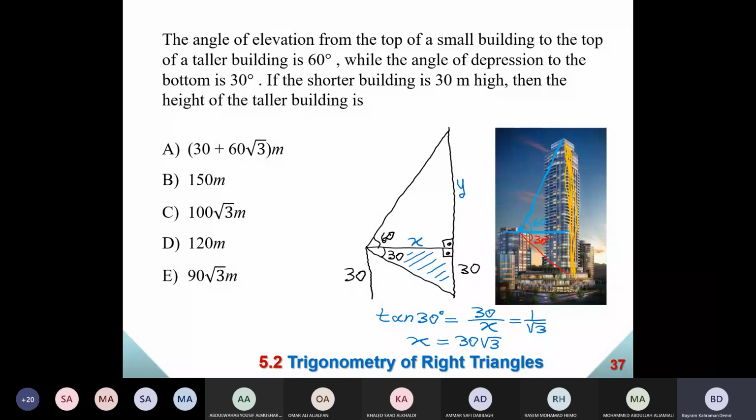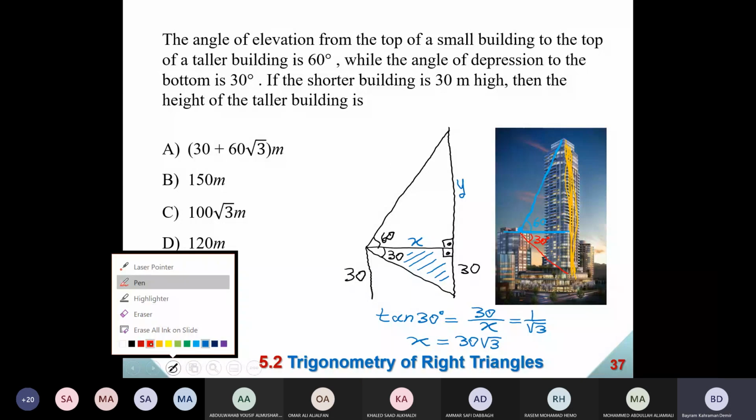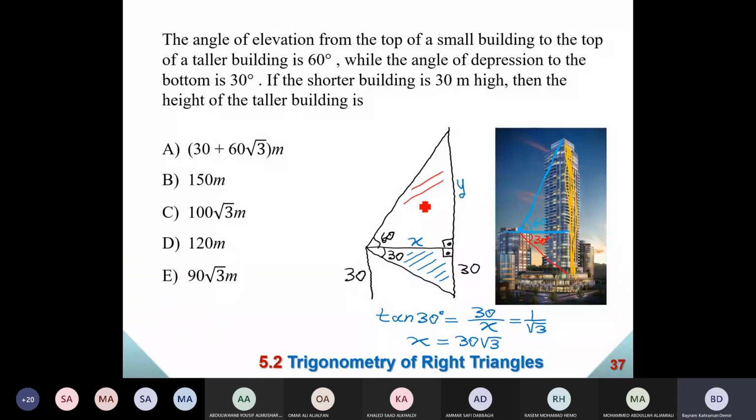Now let's go to another triangle. Look at the red triangle here. Again, use tangent 60 now. Tangent 60 is y over x, and y over x should be root 3, right?